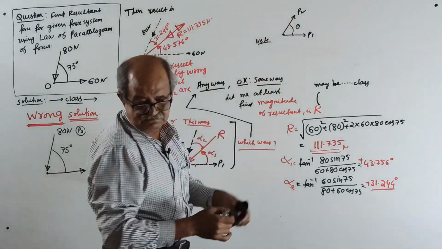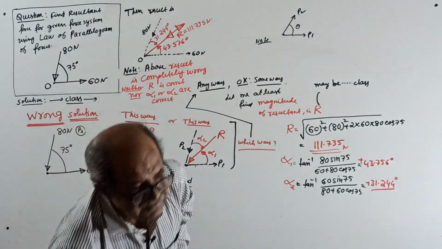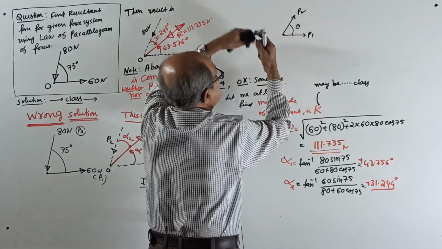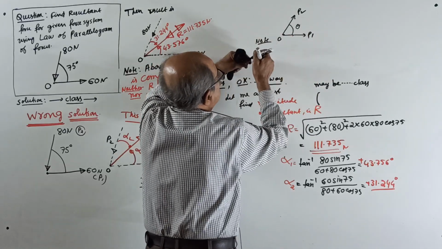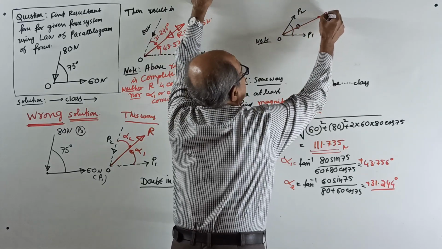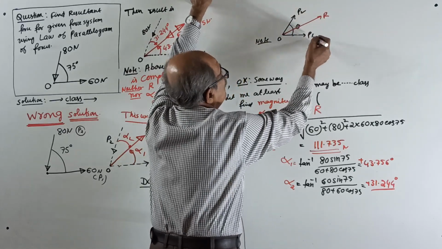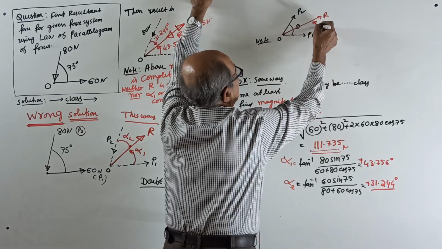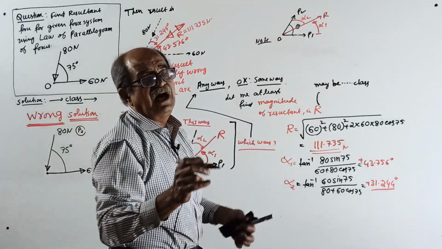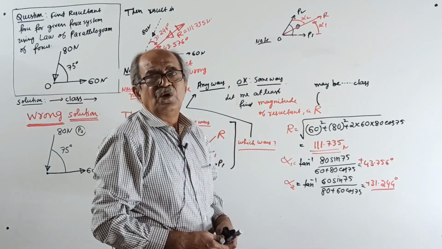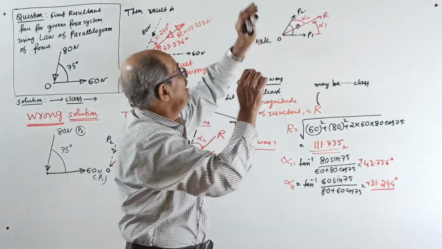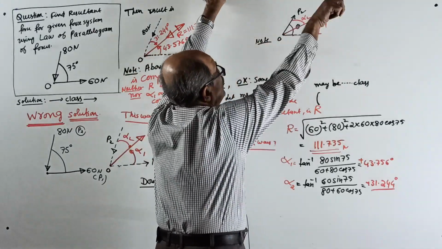Then, when both are acting away, the resultant also from the same point O should act away from the point, this way. Resultant R, I am not writing much because already you know it. This is your alpha 1, this is your alpha 2. Then those expressions are valid. In simple language, both forces should be outgoing, and the resultant also should be outgoing.